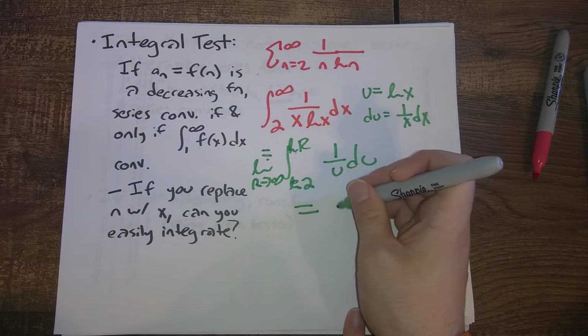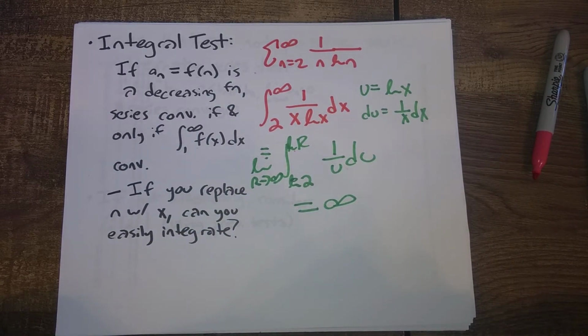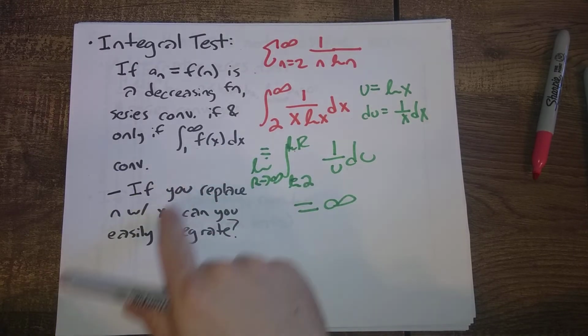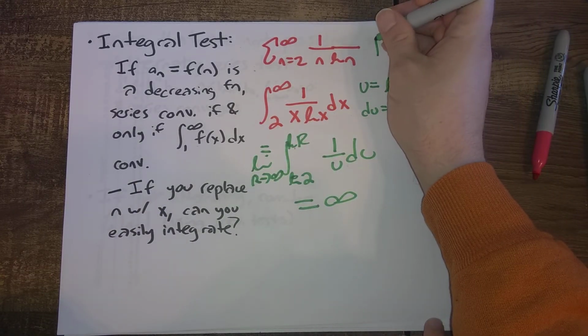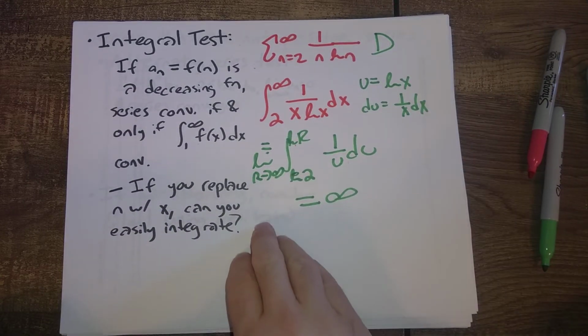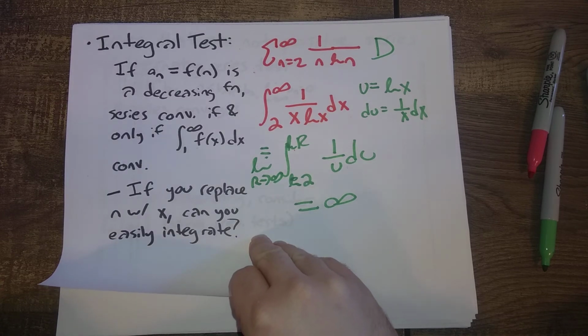And I'll say here, it isn't too hard to do the calculations to crunch those out to see that you get infinity here. And so this improper integral has the same behavior as this series. So this one diverges. Okay, so that's the integral test.